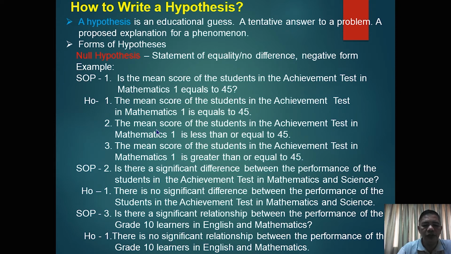Number 2, the mean score of the students in the achievement test in mathematics 1 is less than or equal to 45. Then third, the mean score of the students in the achievement test in mathematics 1 is greater than or equal to 45. Please take note that there is equality mentioned in each statement.